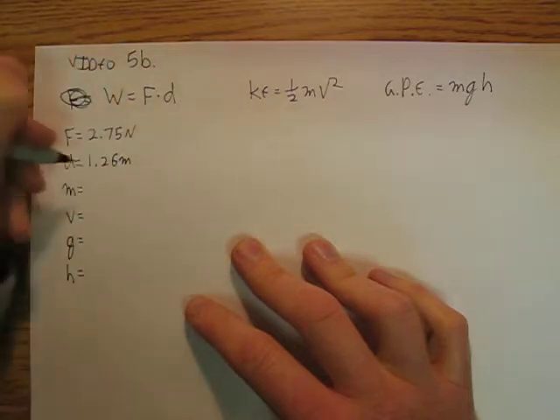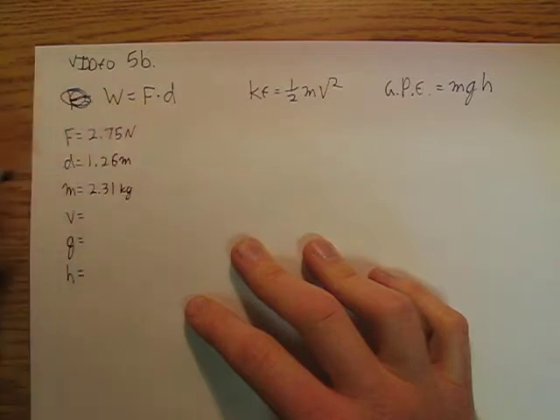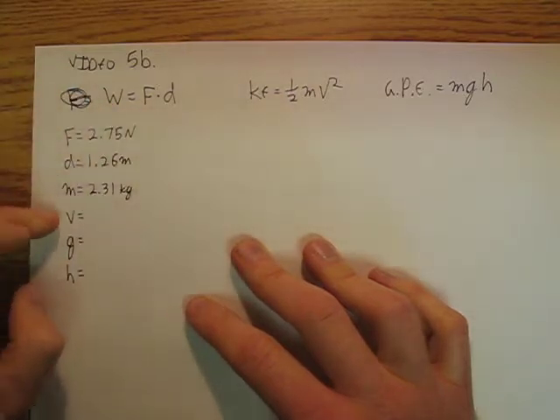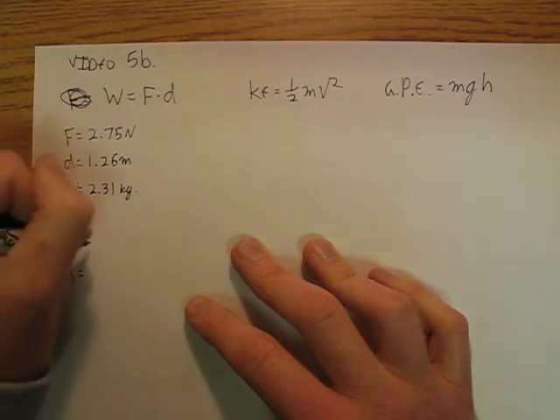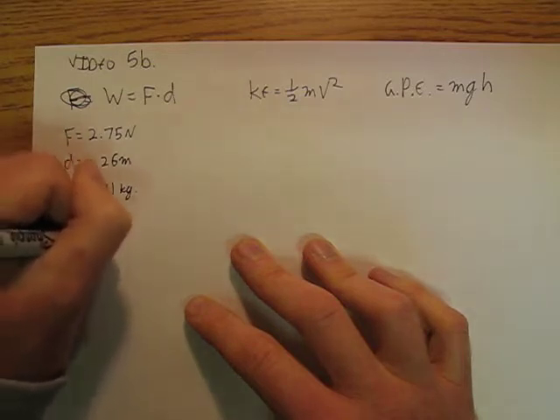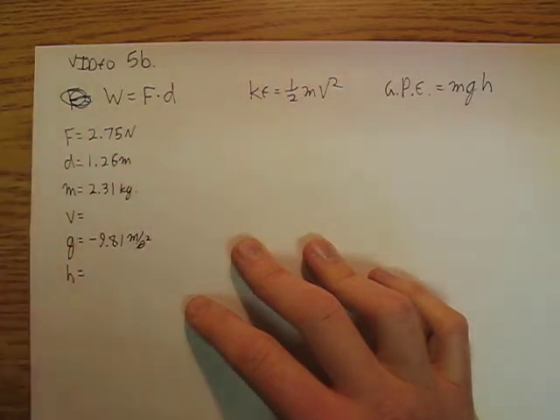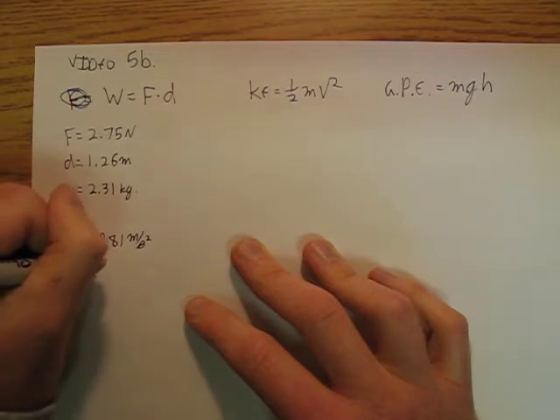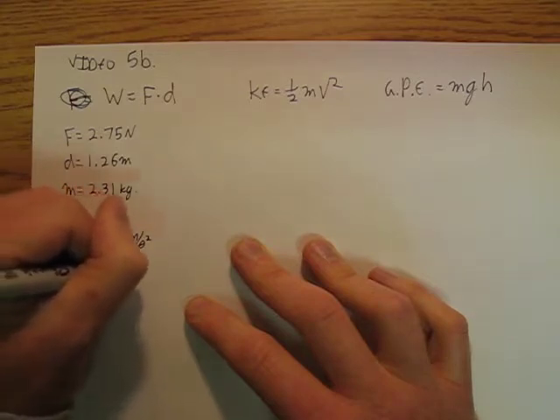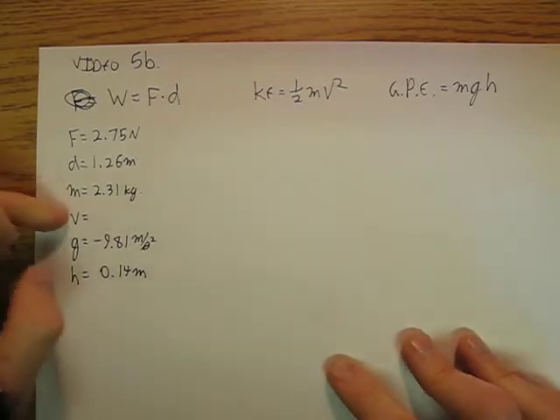My mass was 2.31 kilograms. My velocity, I don't know what my velocity is yet, so we're going to have to get there. That's going to be the first thing we're going to do. My gravity is negative 9.81 meters per second squared, and my height is going to be 0.14 meters.